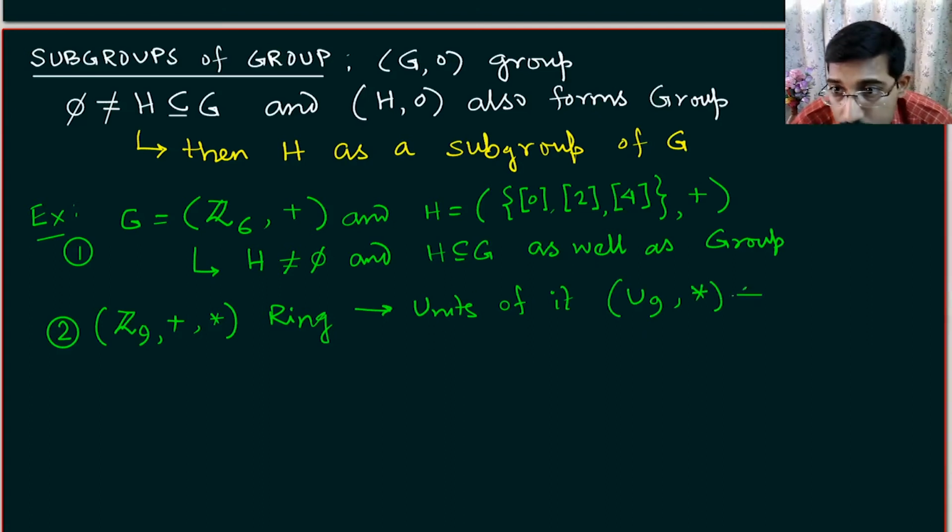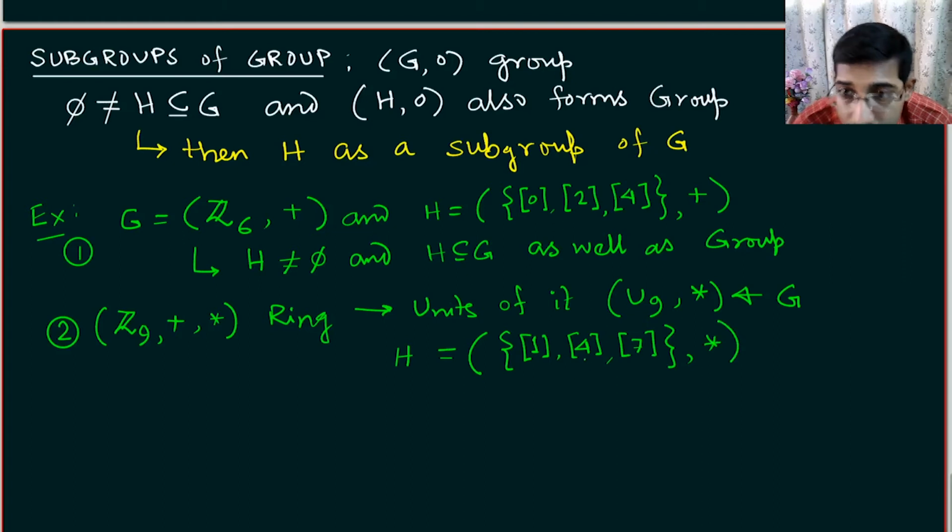Let us consider this is my G, and I say H is those units 1, 4, 7 with multiplication. See that 4 has inverse 7, 7 has inverse 4. So all inverses are present. Identity is 1.